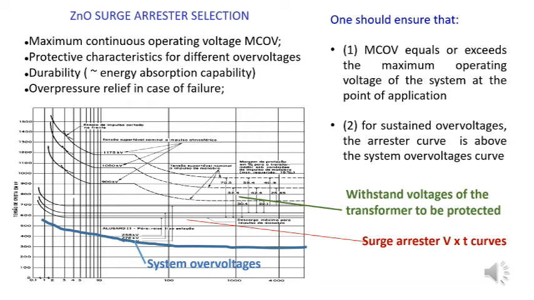Why? Because otherwise the surge arrestor will discharge in an undue way. Generally, just as an order of magnitude, the distance between this blue curve and the red curve is of the order of, let's say, 15, 20, 30%, something like this.